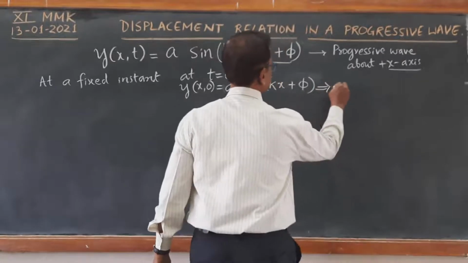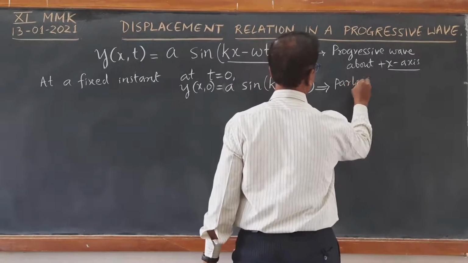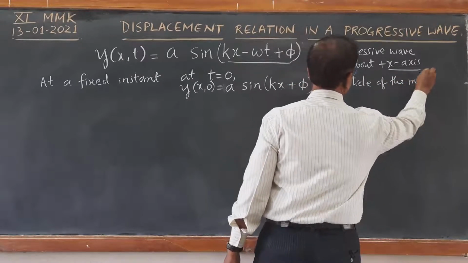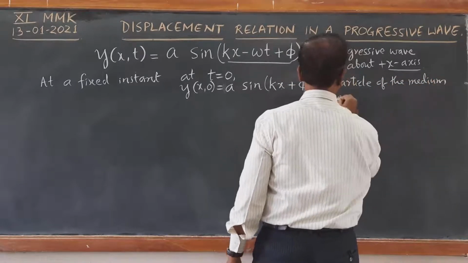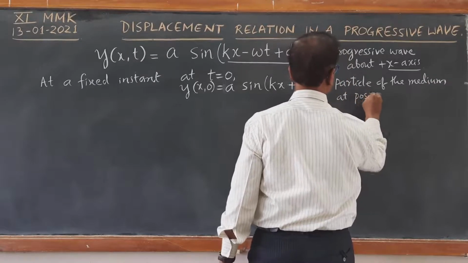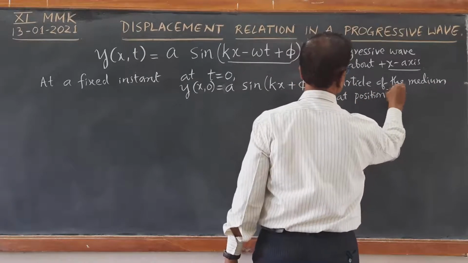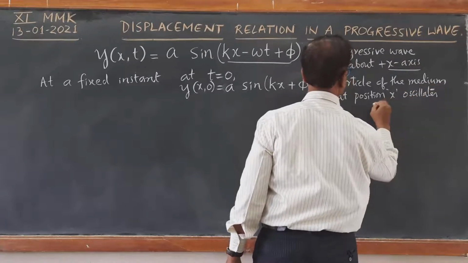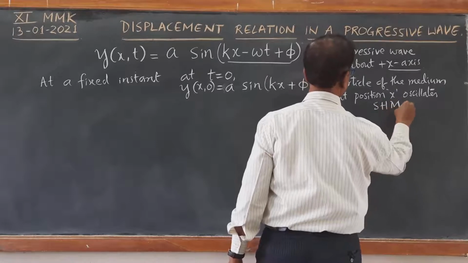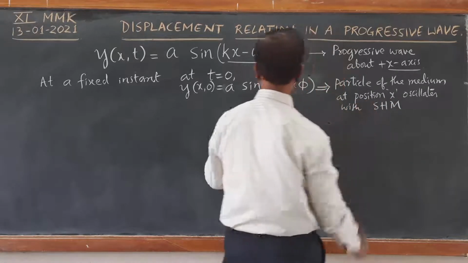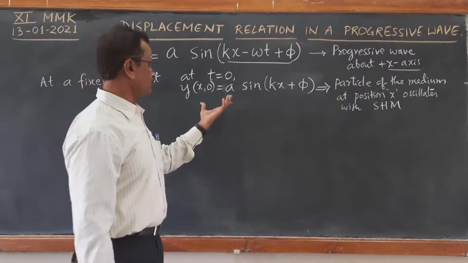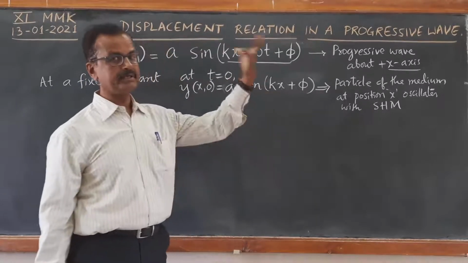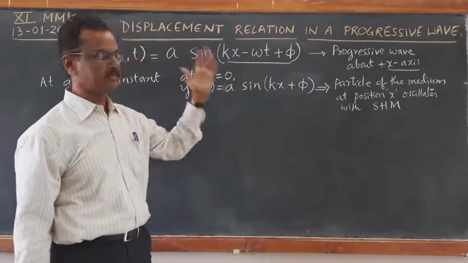This implies the particle, or the constituent of the medium, at position x oscillates with simple harmonic motion, because this is the displacement function representing simple harmonic motion, as we learned in the previous lesson.